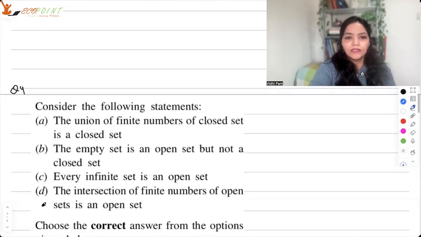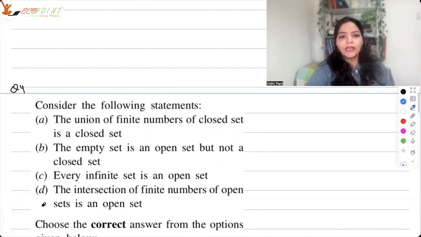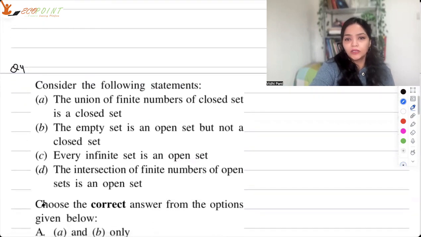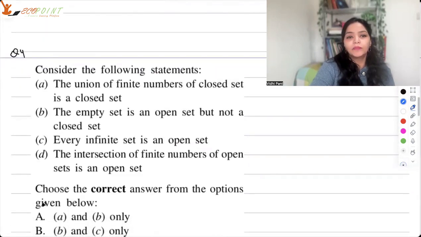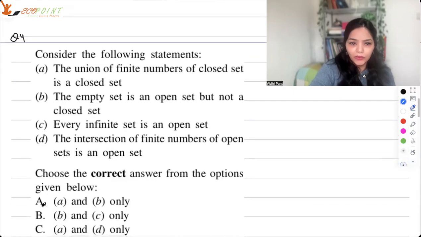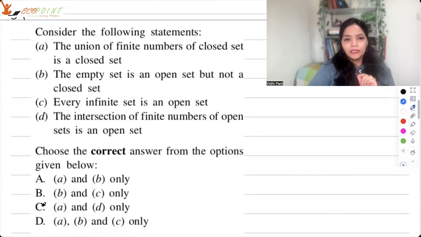Next question is, consider the following statements. Union of finite number of closed sets is a closed set. The empty set is an open set, but not a closed set. Every infinite set is an open set. The intersection of finite number of open sets is an open set. Well, which would be the correct option here? Union of finite number of closed sets is closed.